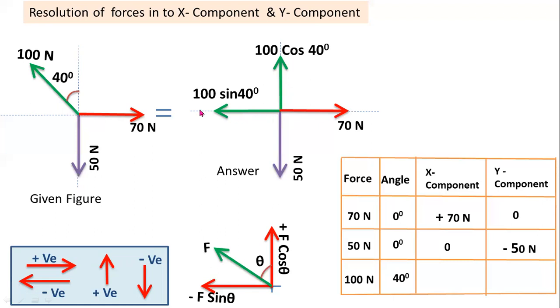Now I am considering the horizontal force, 100 sin 40, for the x component. Negative sign indicates direction: for the left side direction, you have to consider the negative sign. Now this is the y component, 100 cos 40. Positive sign indicates upward direction. This is the answer for this problem.